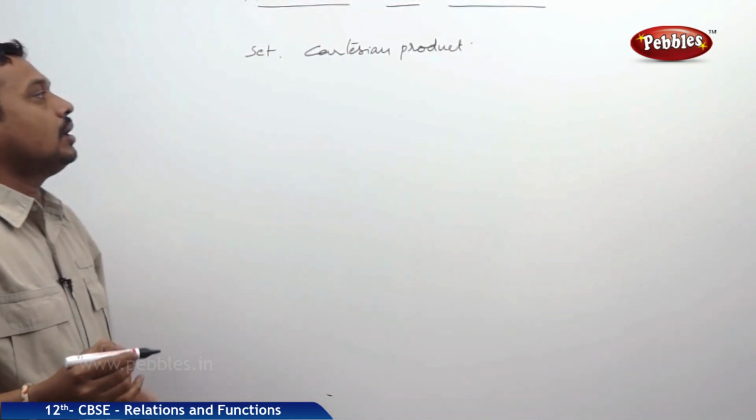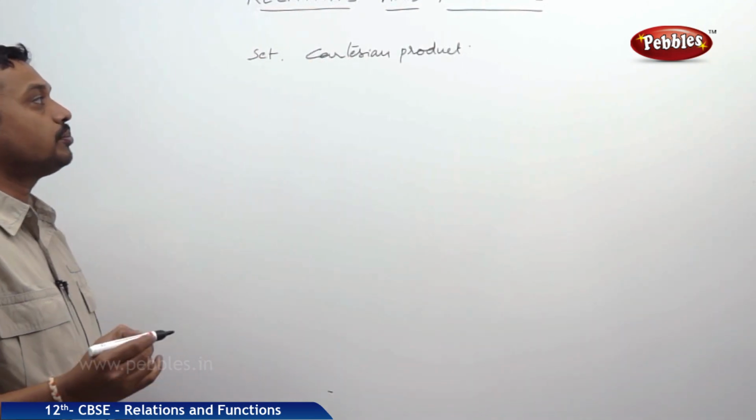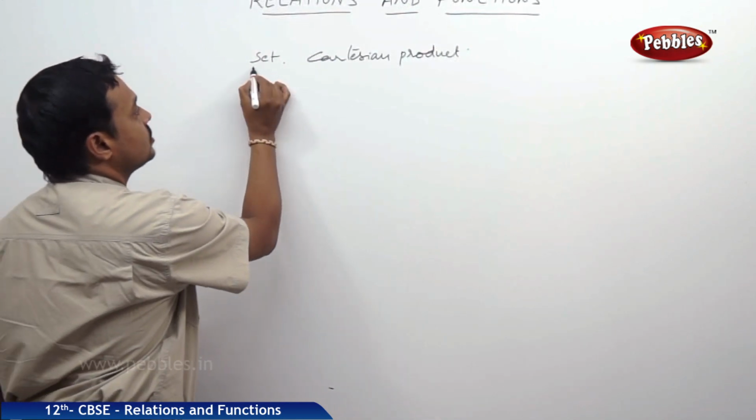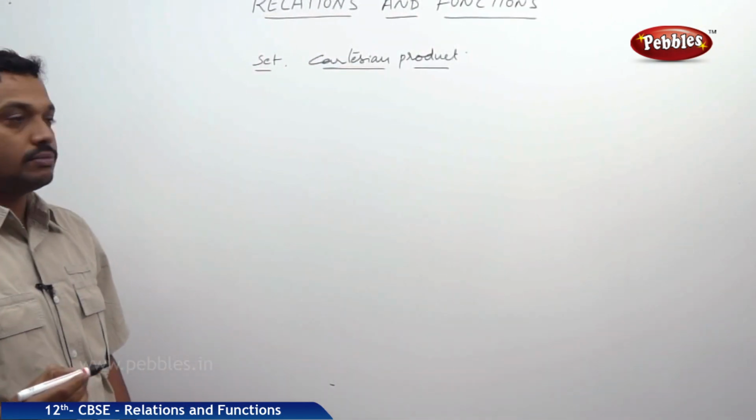Earlier, you studied both set and Cartesian product in class 11, but once again, we recap these two definitions.